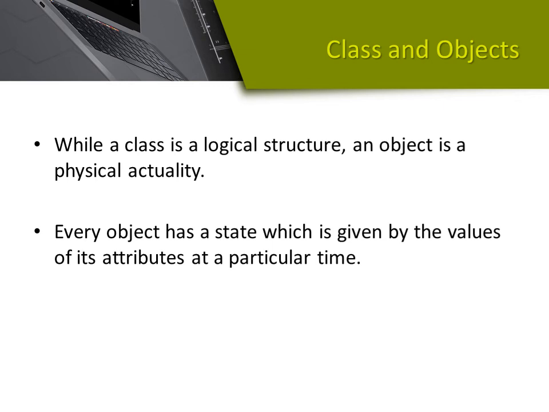So, that's why it is said that an object is a physical actuality. Also, we can say that every object has a state which is given by the values of its attributes at a particular time. So, values of attributes of one object may differ from other objects.